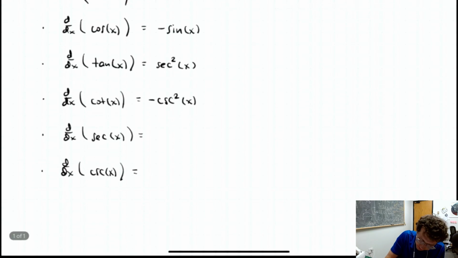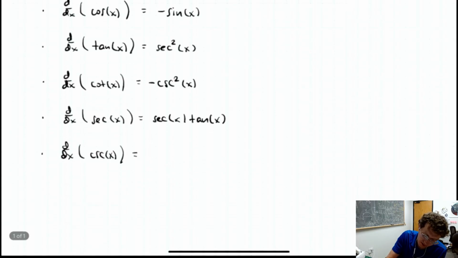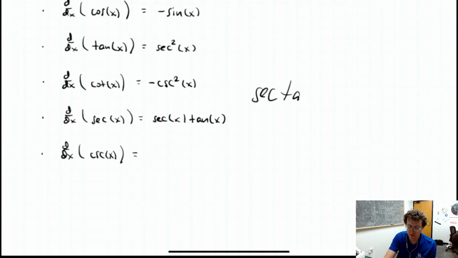And the derivative of secant of x is secant of x times tangent of x. Make sure that you're always writing the of x. I often see things just like secant tangent, but that's not correct. You do need the x, and the reason why it's dangerous to be a little bit lazy and not write the of x is because this is ambiguous.